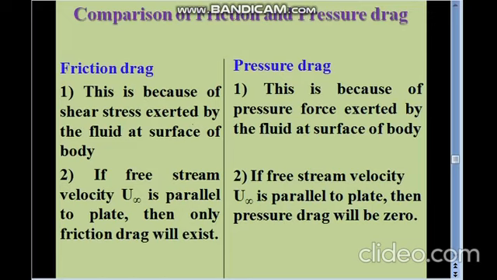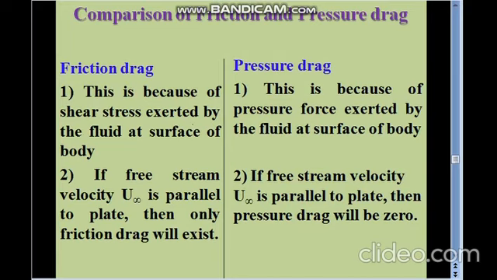Now let us have a comparison between the friction drag and pressure drag. Pressure drag is also called the form drag. So let us see the difference. Friction drag is because of the shear stress exerted by the fluid at the surface of the body. Please understand, the shear stress at the surface.